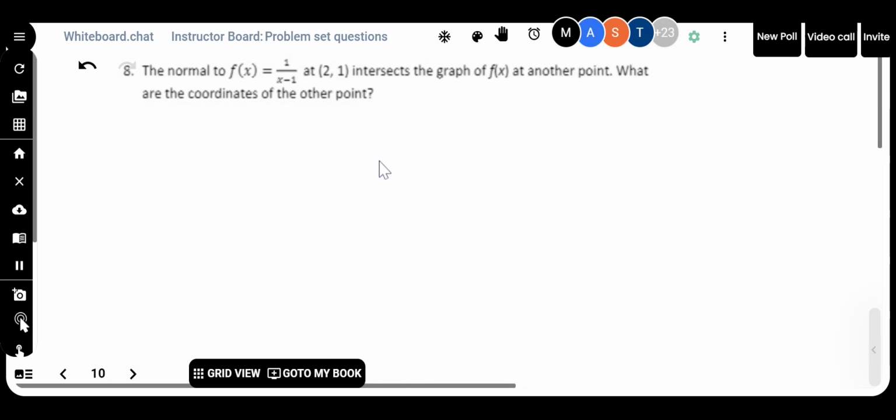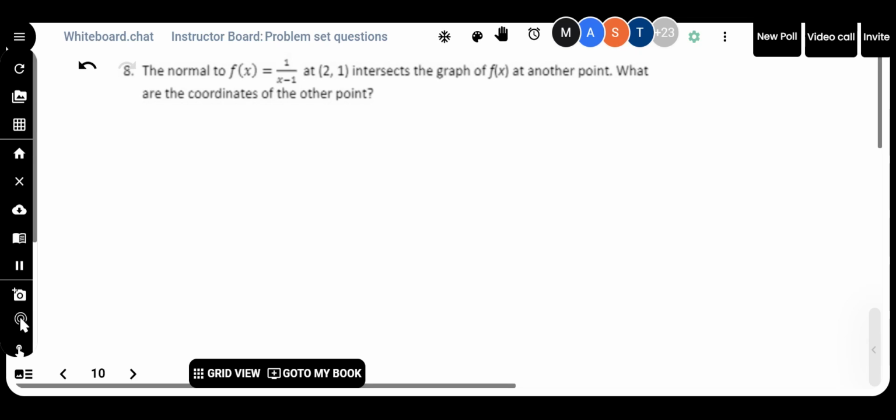All right. The normal to this function at 2, 1 intersects the graph at another point. What are the coordinates of the other point? All right, let's see if we can get through this one. Remember what a normal is. A normal is something which is at right angles to some other line.